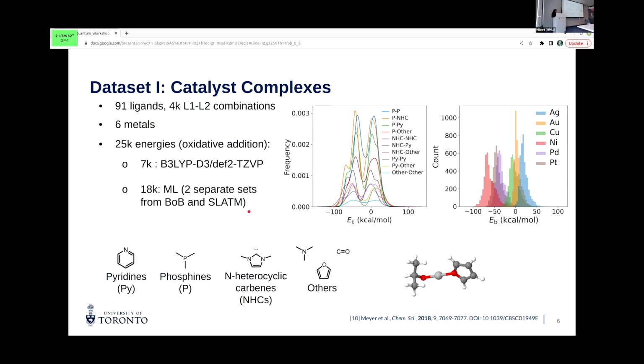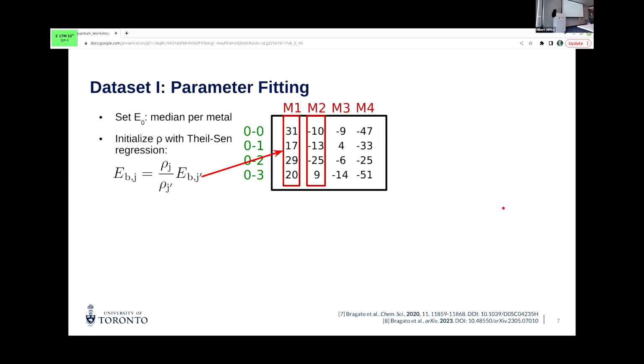So 2 duplicates, basically. I also have the distributions of the types of ligand pairs and the metals. What we can say at first glance is that the metals dictate more the range where the binding energy would fall than the ligand combinations do.